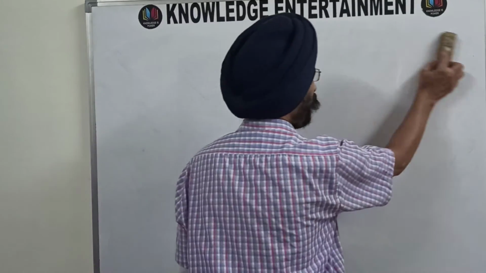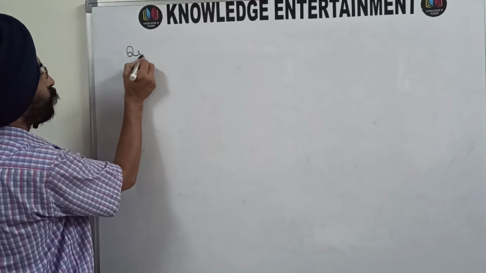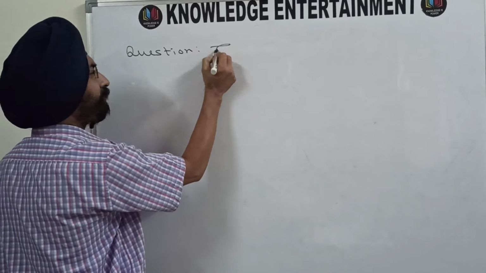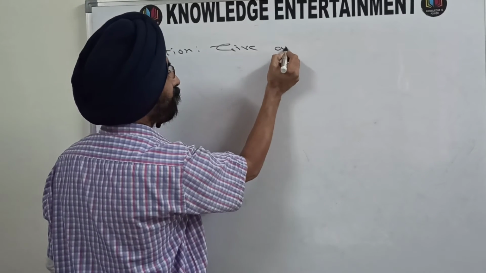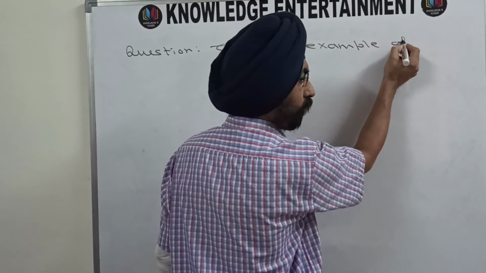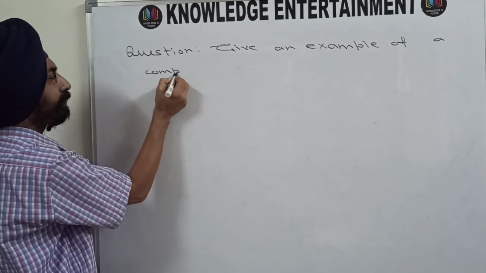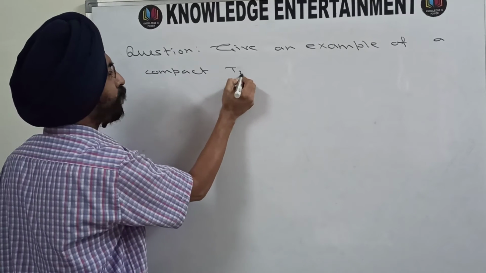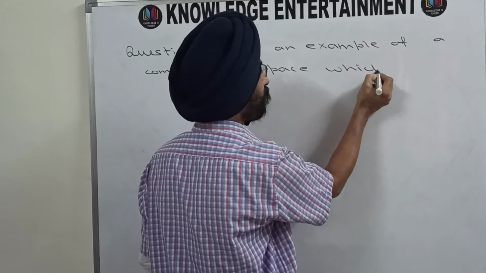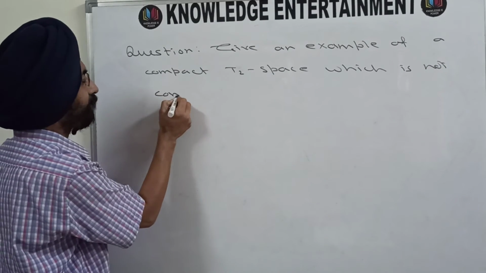And one more example I'm going to give. This is the last question of this video. Give an example of a compact T2 space which is not connected.